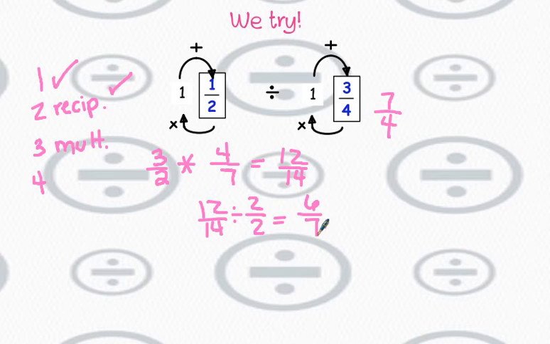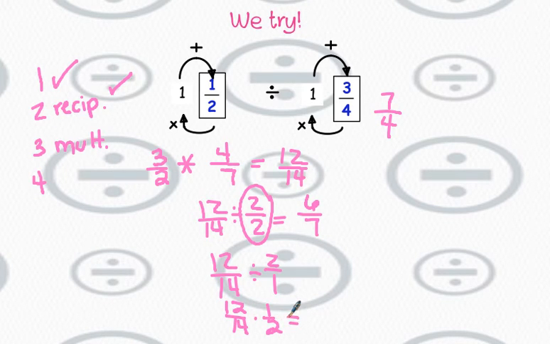And this is where that piece comes in, where dividing by 2/2 makes a big difference, because 12/14 divided by 2/2 is way different than dividing it by 1. Because here it would end up being 12/14 times 1/2. So now all of a sudden you've got 12/28.